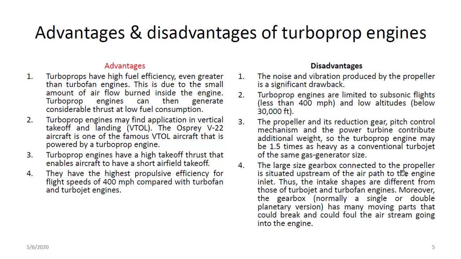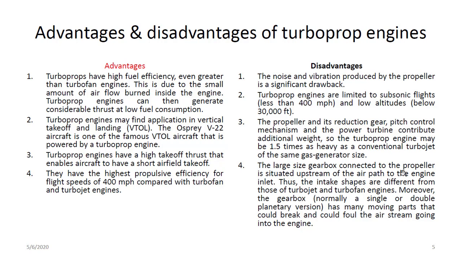However, they have some drawbacks, and one of them is noise and vibration. Because of noise and vibration, these engines are not used for passenger aircraft. Passenger aircraft will mostly use a turbofan engine, which is a bit quieter.